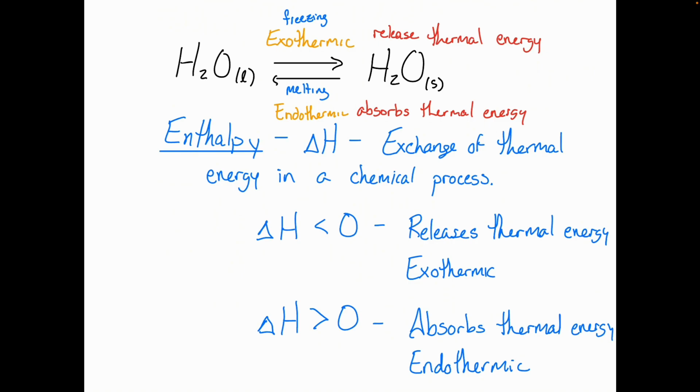We talked about how when you talk about energy, that value for Q that we looked at last time, the sign tells you whether that energy is coming or going. A negative delta H is one that releases thermal energy, or an exothermic process. A positive delta H is one that absorbs thermal energy, or an endothermic process. All right?